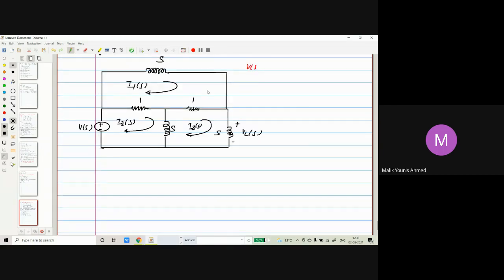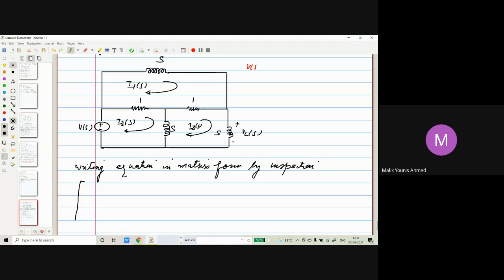Now again, writing equations in matrix form by inspection.